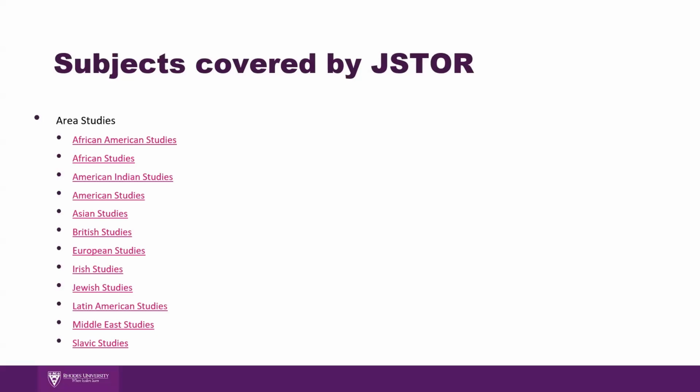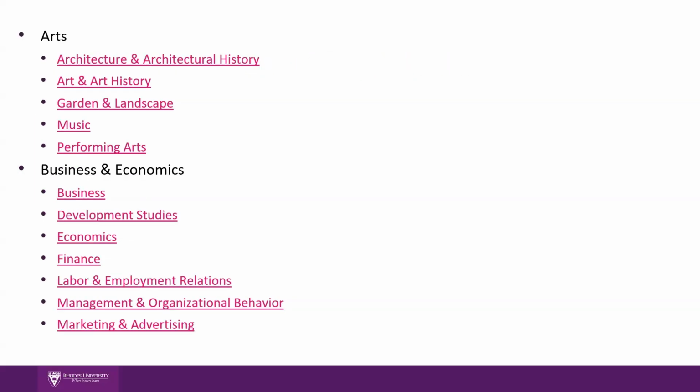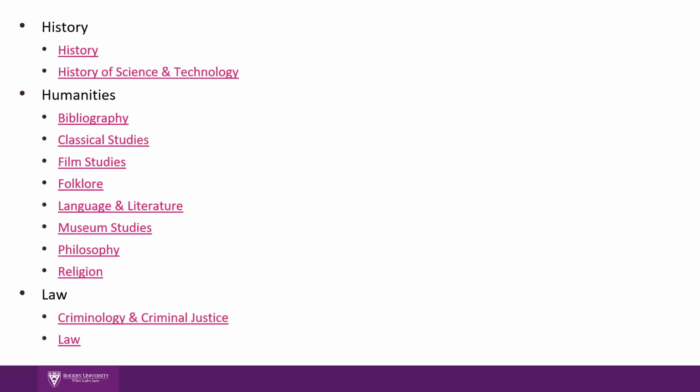The subjects that are covered on the JSTOR database include area studies. Apart from area studies, it also covers arts, wherein there are resources on performing arts, on music, on art and art history. It also covers business and economic subjects, where there is business-related content, economics content, finance content, labor and employment relations content. It also covers history, and also a large variety of the humanities with film studies, language and literature, philosophy.